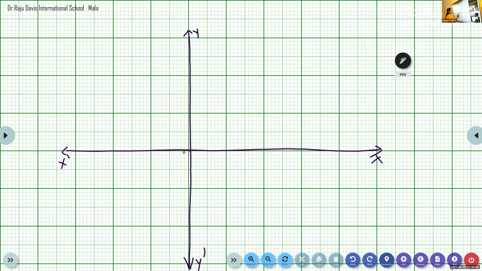Now it is 0, 1, 2, 3. Here it is minus 1, minus 2. Again here 1, 2, 3, minus 1, minus 2. Here we will get minus 3.